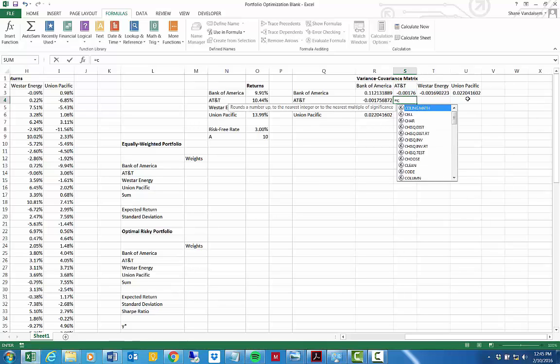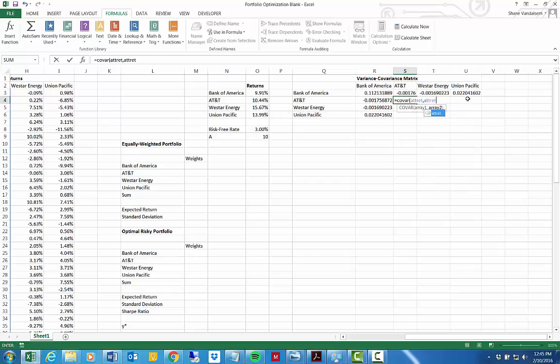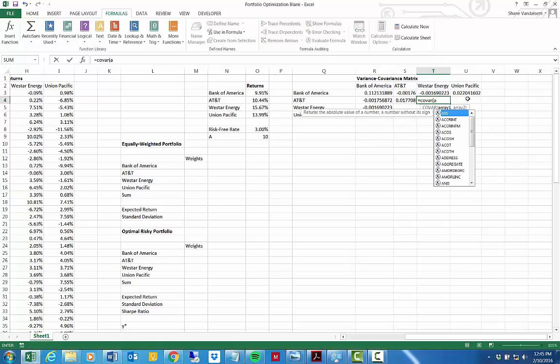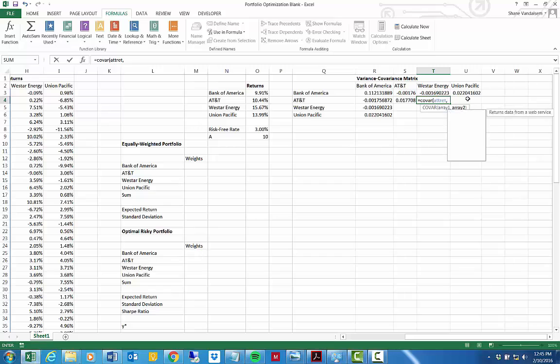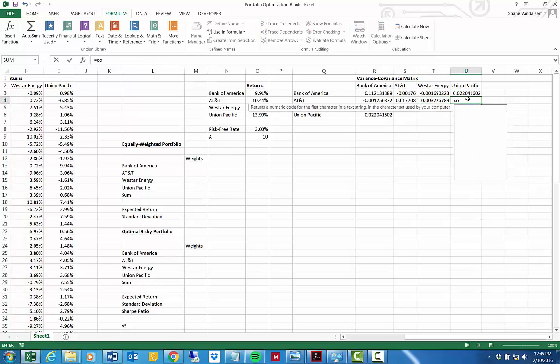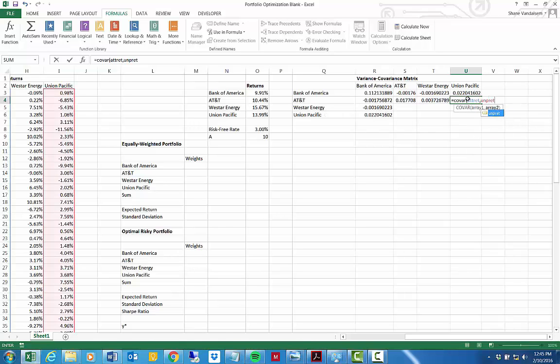So here it's going to be the covariance of the AT&T return and the AT&T return multiplied by 12. This is the covariance of AT&T and Westar Energy, again multiplied by 12. And this is the covariance of AT&T and Union Pacific, and again I'm just going to set these equal.